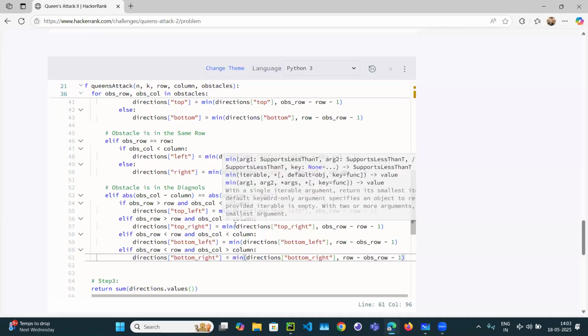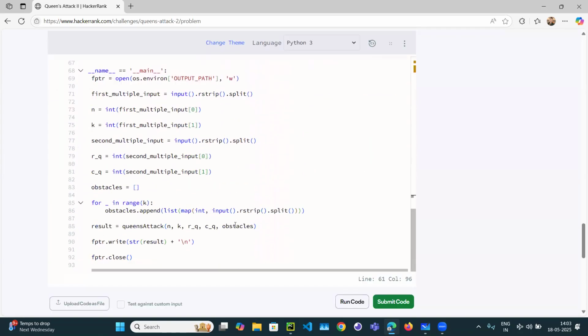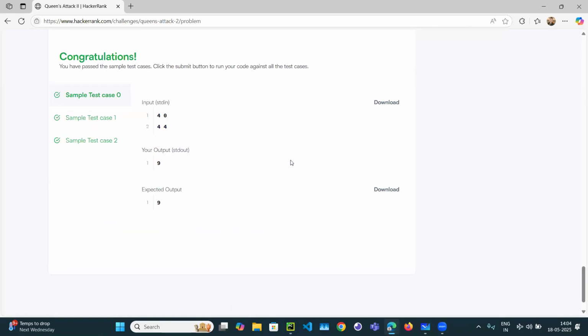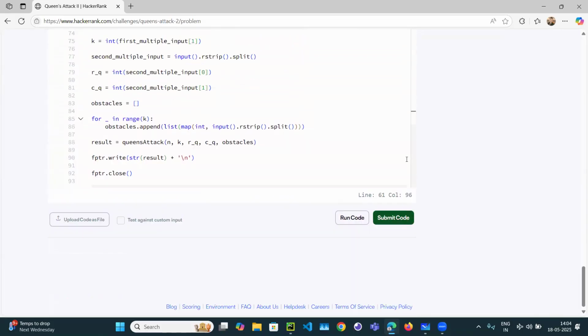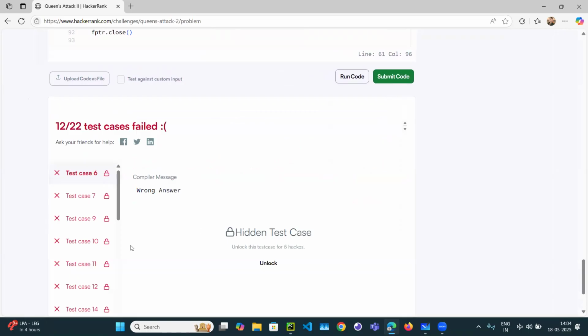So that's it. Let's try to submit. Maybe there is some bug or not, I'm not sure. Let's try to run the sample test case first. Okay, the sample test case has passed. Let's try to submit for all the test cases. Okay, there is some bug. Let me try to figure it out.